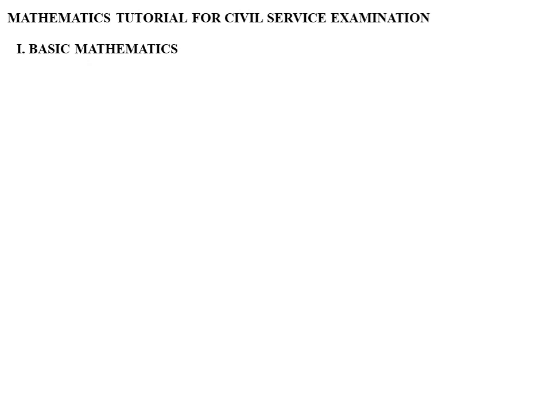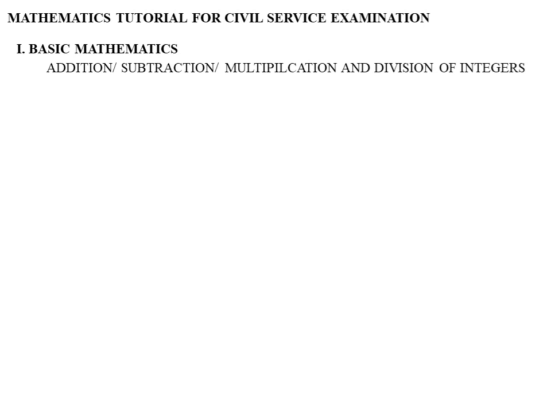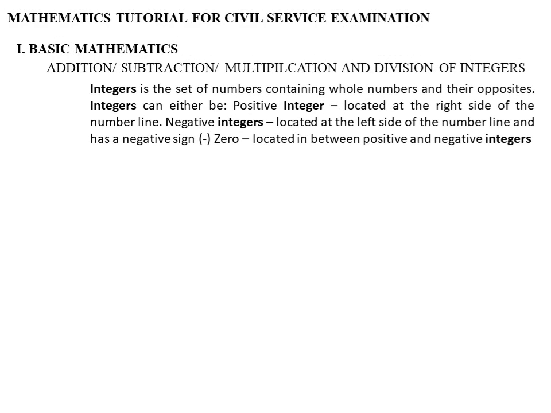Okay. So let's proceed to the next topic under basic mathematics: the addition, subtraction, multiplication, and division of integers. Integers is the set of numbers containing whole numbers and their opposites. Integers can be positive integers, which are located at the right side of the number line. This one. Okay.